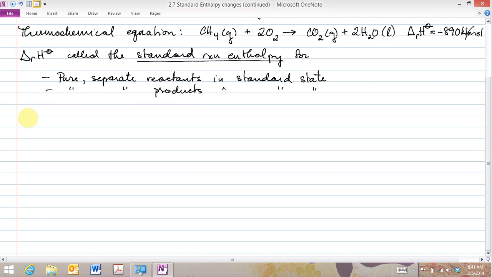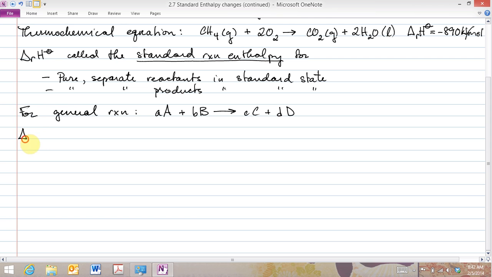For the general reaction, written like this, the lowercase letters are the coefficients of a balanced chemical equation, and capital A, B, C, and D refer to the pure substances.